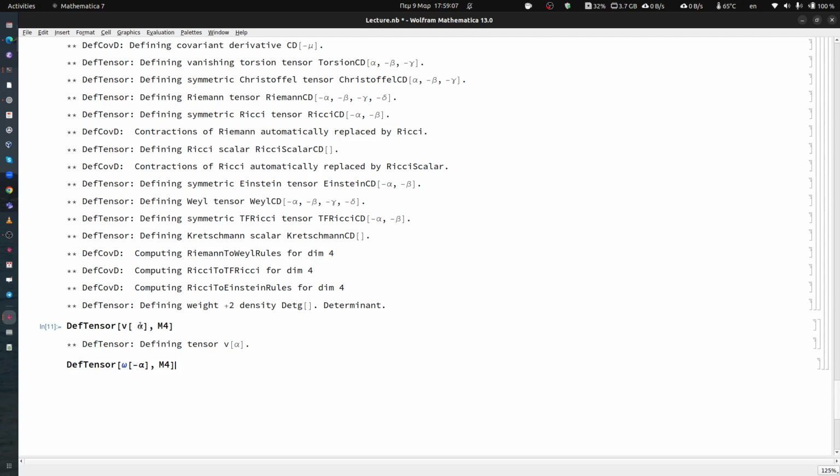So when alpha here has no minus sign, it means that it is an upstairs or contravariant index, and if there is a minus sign there, it means that it is a downstairs or covariant index. So this line here defines what we call a vector or a 1-0 tensor, and this line here defines a 1-form or a 0-1 tensor.